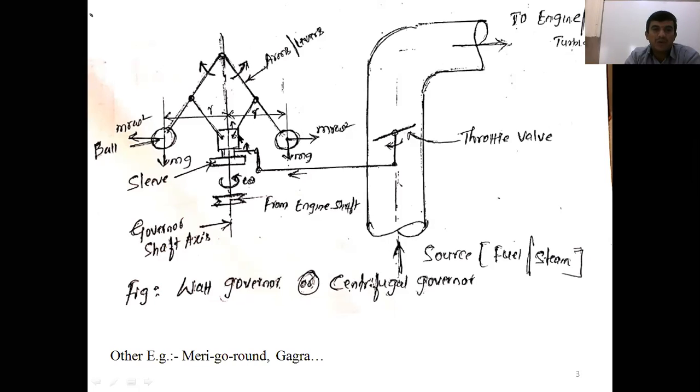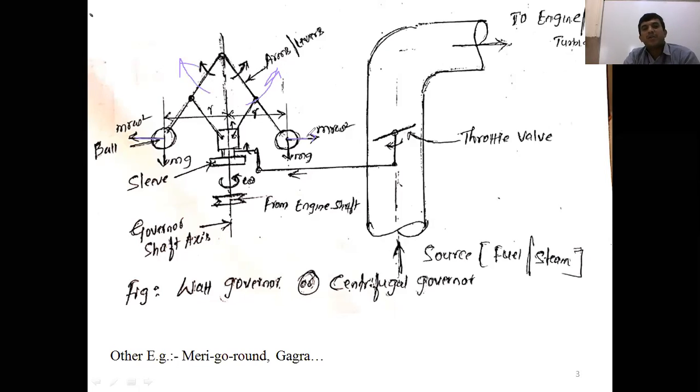At the same time, due to the linkage of the upper arm, the lower arm and the sleeve, when the centrifugal force is generated here, the upper arm moves radially outward.